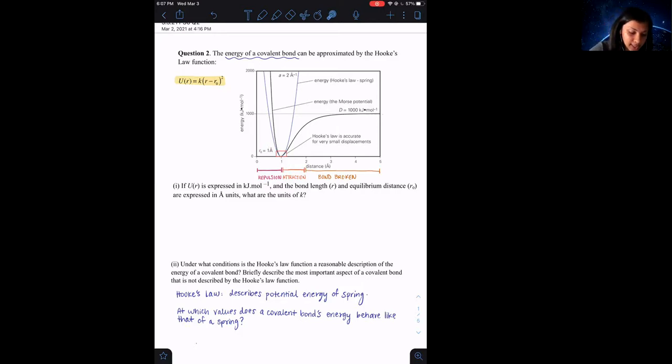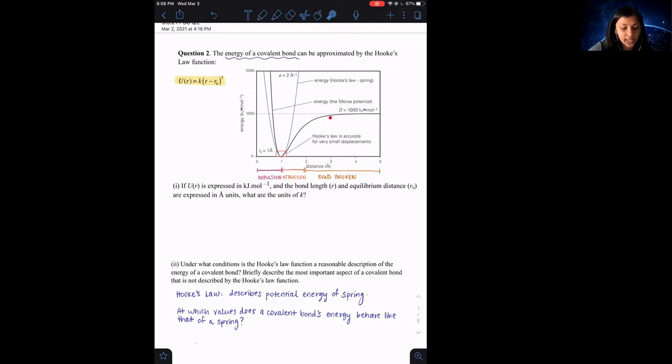Then at distances less than R naught, the energy is greater than 0 because there's a repulsive force between the atoms that are too close together. And at distances greater than R naught, the potential energy is also positive and increasing because of an attractive force between the atoms, until the distance becomes too large and the covalent bond breaks.